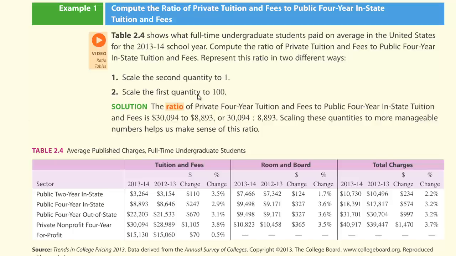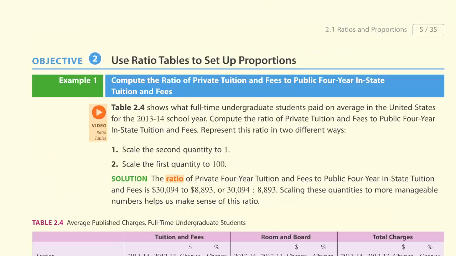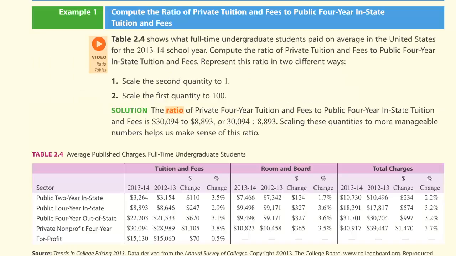And we're going to compare those two things when we scale the second quantity to 1 and when we scale the first quantity to 100. We can already see that if we're just looking at those two quantities, we can simply do the ratio of those two quantities to get it.